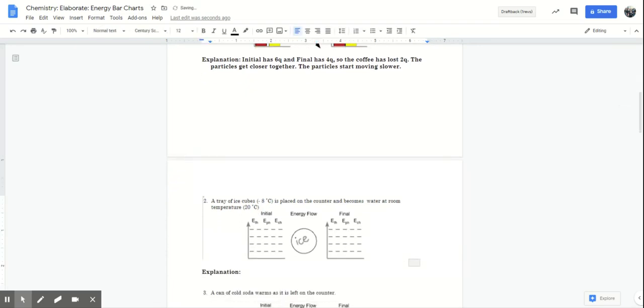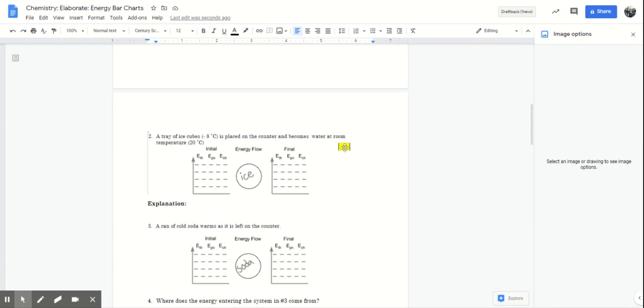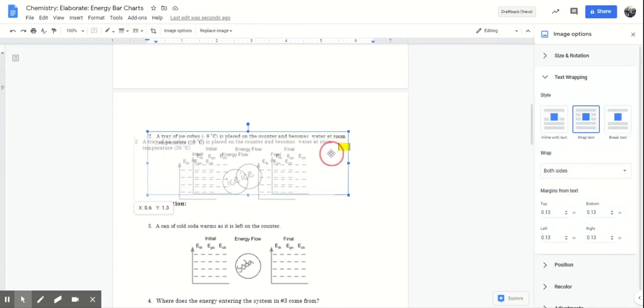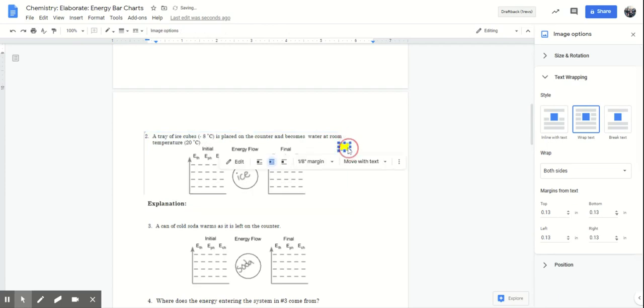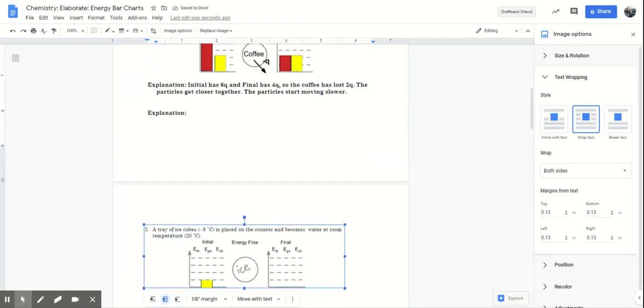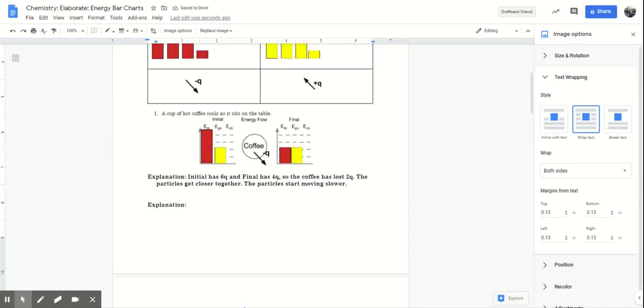copy and paste. Take this and I'm going to put it in my phase for my ice. Okay. And then I'm going to go back up and I'm going to get my liquid.